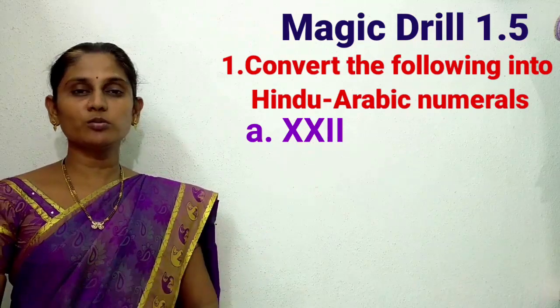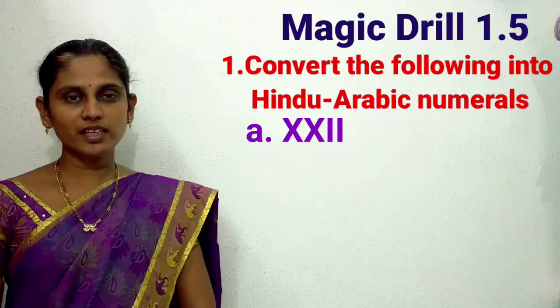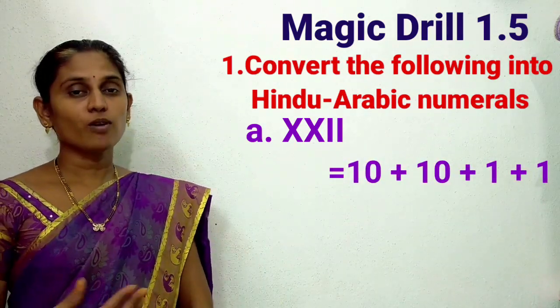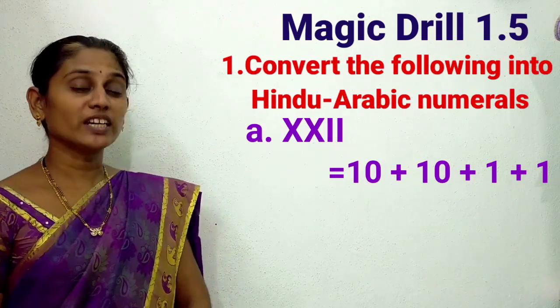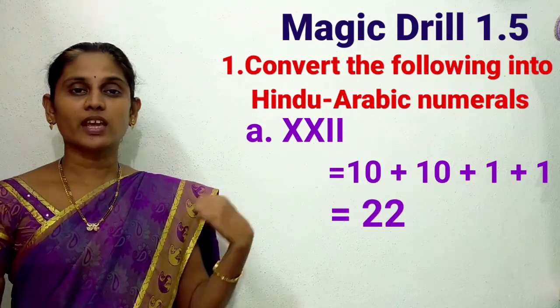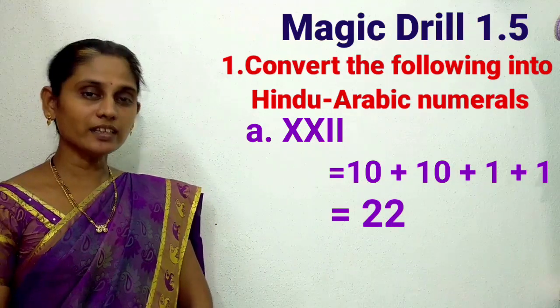As the smaller numeral is right to the greater numeral, you need to add their values. So 10 plus 10 plus 1 plus 1. Together, very good, 22. So the Hindu-Arabic numeral of X, X, I is 22.